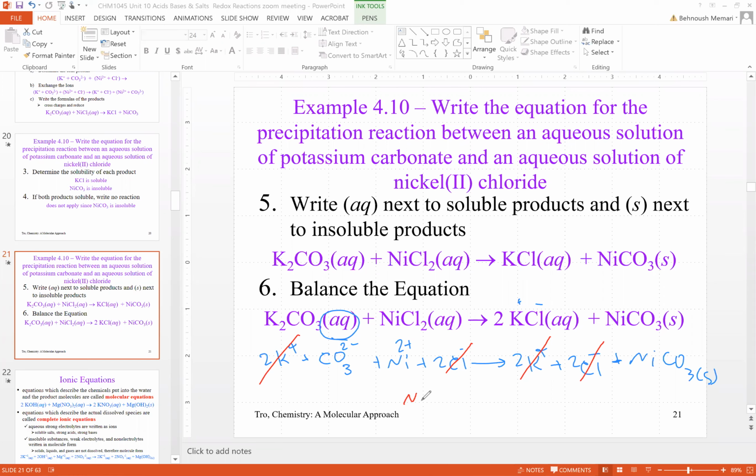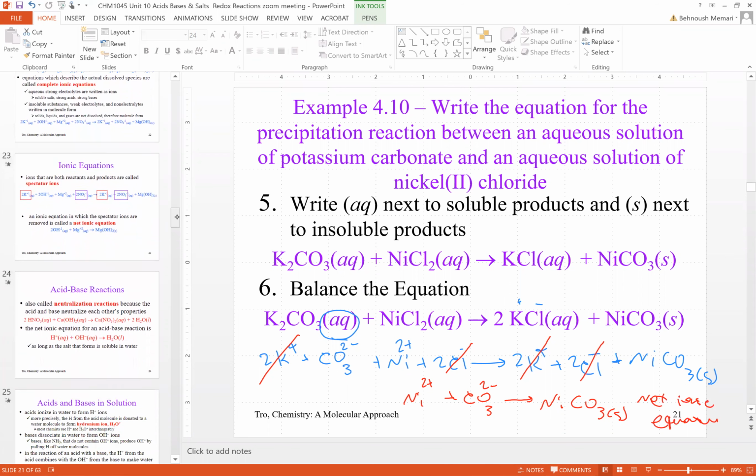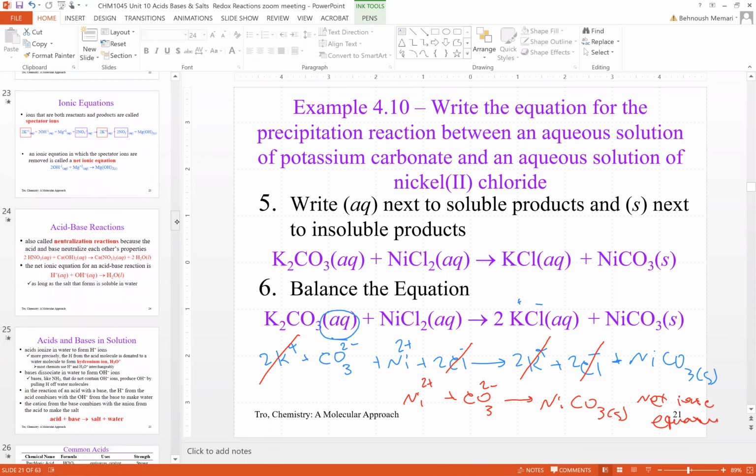The net ionic equation is going to be nickel plus carbonate yields nickel carbonate, and this is the net ionic equation. The net ionic equation is usually responsible for the evidence of the reaction, and we see that a precipitate is forming from that.